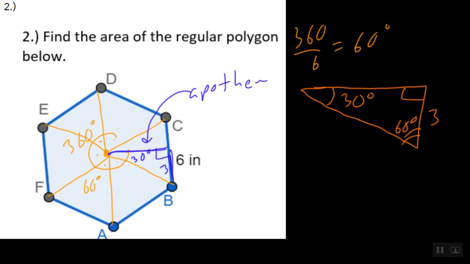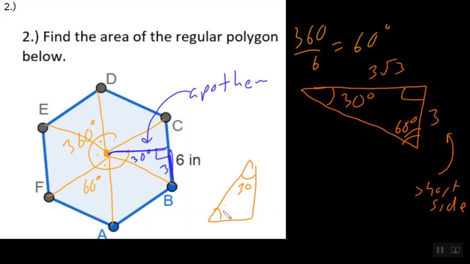And notice, this 3 right here is the short side, so we actually know what the apothem is automatically. The apothem must be 3 square roots of 3. Remember our rule for a special right triangle, a 30, 60, 90 triangle: we have x, 2x, and our third side is x square roots of 3.